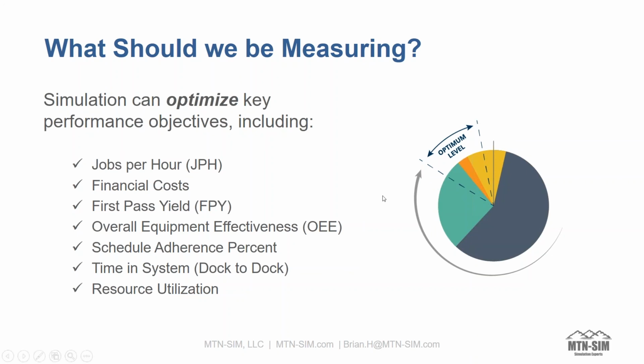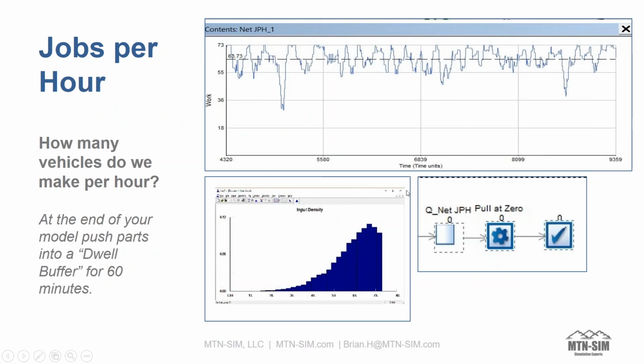So we'll look at various common metrics that are used within manufacturing facilities. Once we have these metrics in place, this is how we can come up with the improvement plans that lead us into continuous improvement.